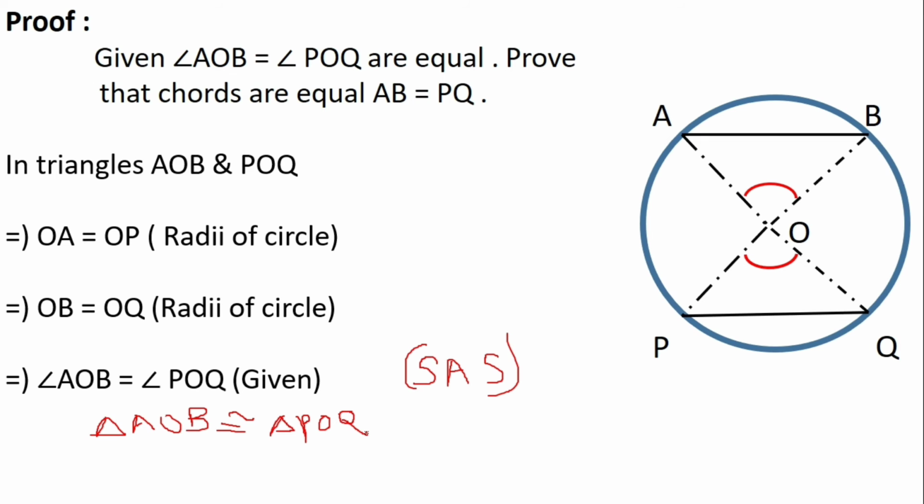If these two triangles are congruent, then we can say that the corresponding parts of congruent triangles are equal. So AB will be equal to PQ.